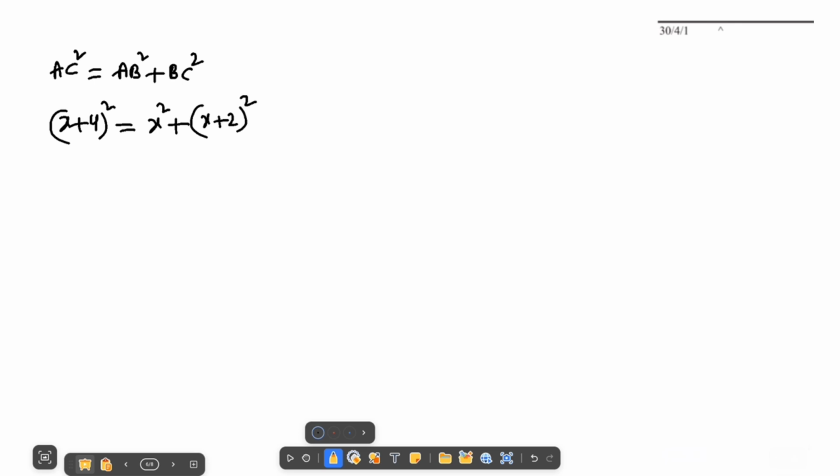So x plus 4 whole square, let's expand with the a plus b whole square formula: a square plus b square plus 2ab.